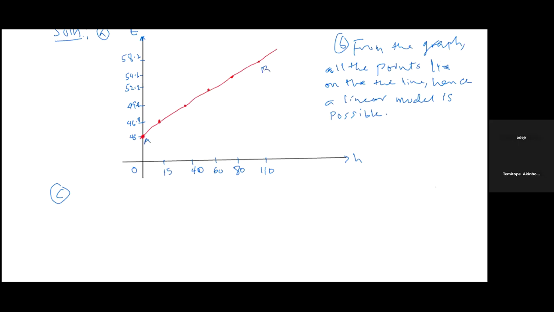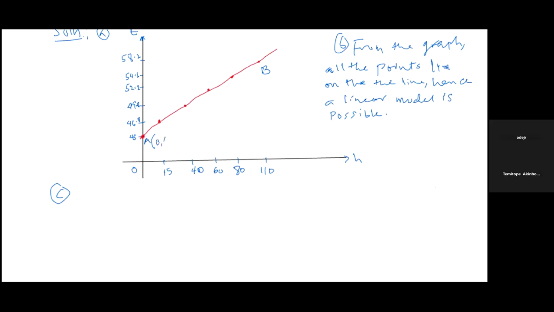Now, don't forget we are doing application of linear equation to form a model. So this point, what is the coordinate of this point A here? That's the point where you have H to be 0 and E to be 45. So 0, 45.